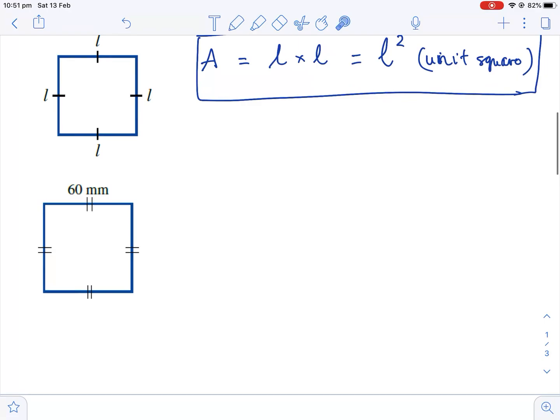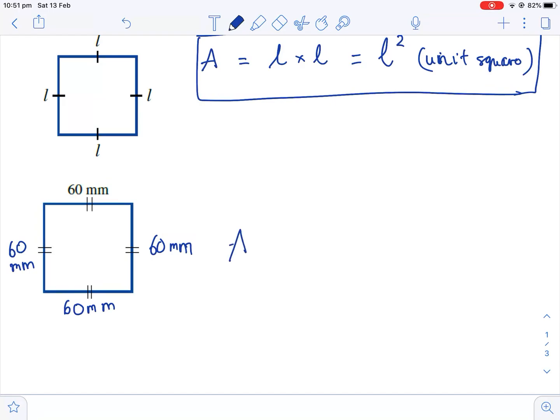For example, I have this square, and the dimension of the square is 60 millimeters. And you know that the square has four equal sides. So this one is also 60 millimeters, and this one is the same as well. Okay, and I want you to find the area of this square.